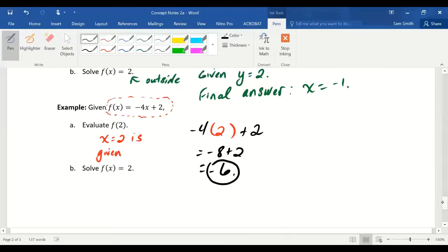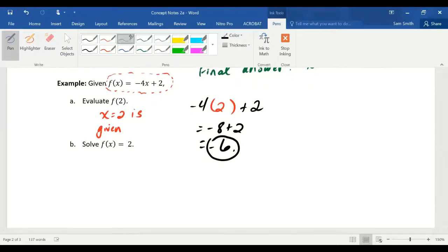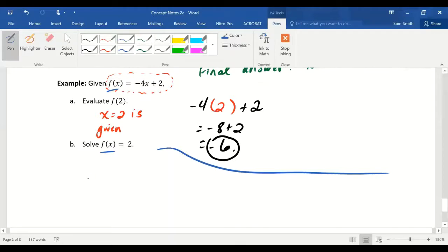Now compare that with solve f of x equals 2. The 2, on the far side of the equal sign, is replacing the f of x, replacing the output. So I would go into the formula and put 2 into the f of x position, into the output position, and solve for x.